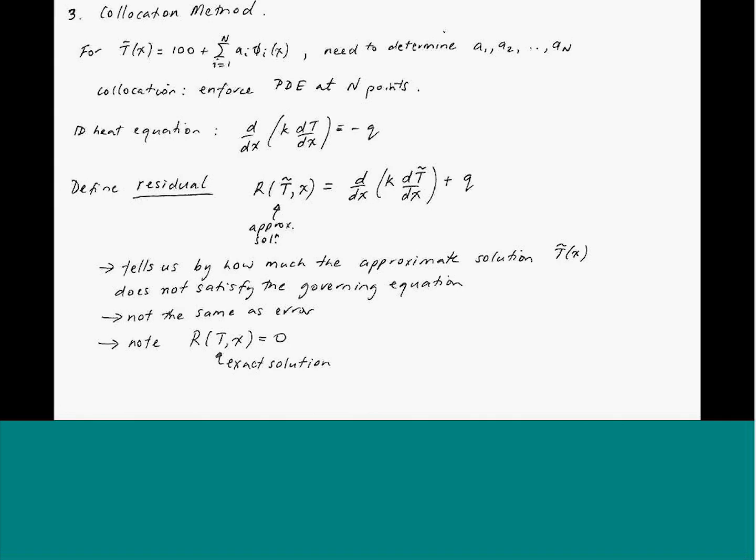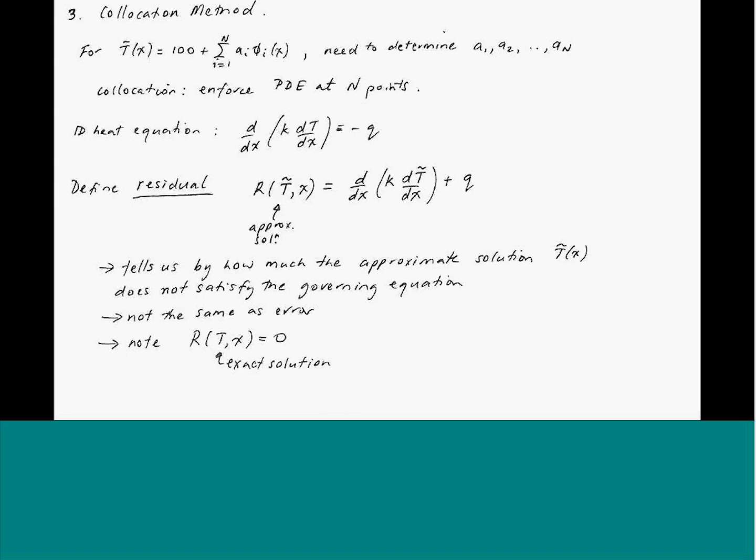Okay, so again, what are we doing here? We're saying for the approximate solution, T tilde of x being 100 plus this expansion, sum from i equal 1 to n of ai times phi i of x, where in our simple example we're choosing n equal 2, and the phi i are to be these 2 guys here, the quadratic and the cubic.